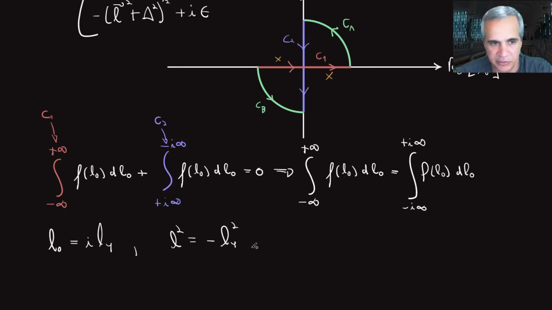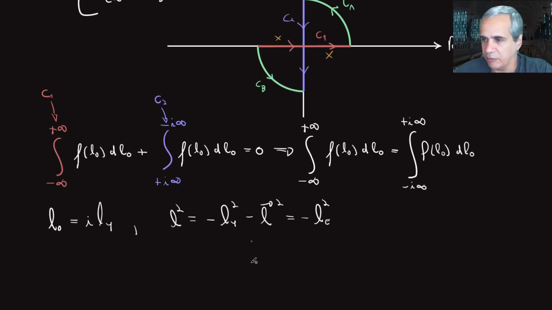This was L0 squared minus L vector squared, which is now the square of a Euclidean 4-vector, because I could put this minus in front.